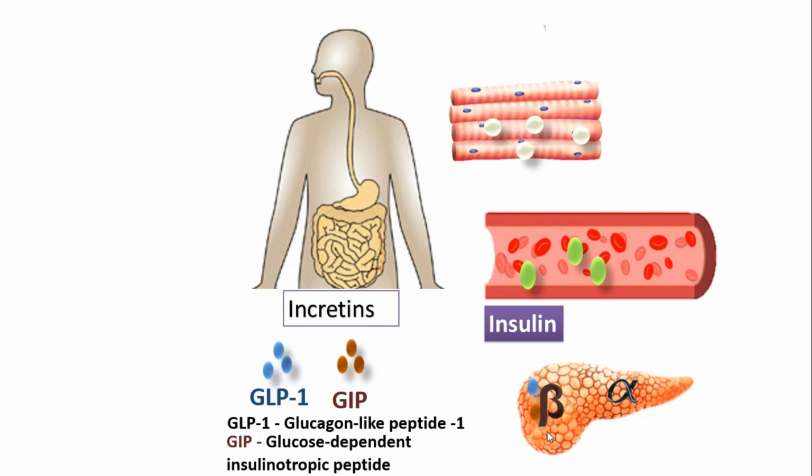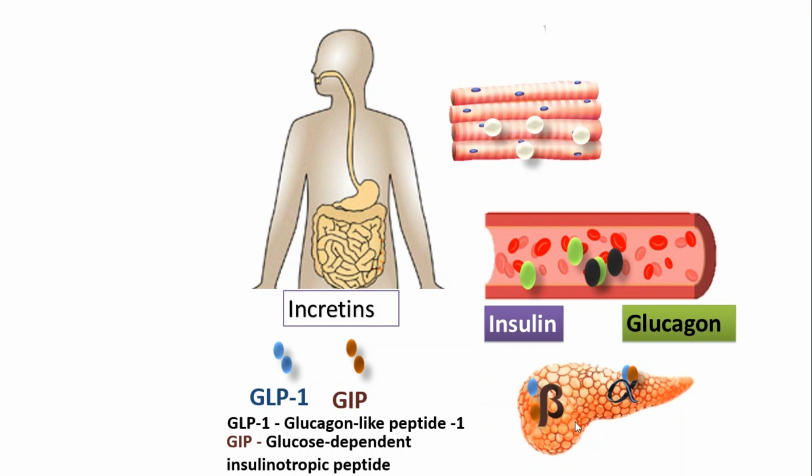On the other hand, the same GLP-1 and GIP, these incretins, go to the alpha cells of the pancreas and ask the alpha cells to reduce the glucagon secretion. Again, I am repeating myself, it reduces the glucagon secretion. Now, glucagon was responsible for production of glucose from the liver.